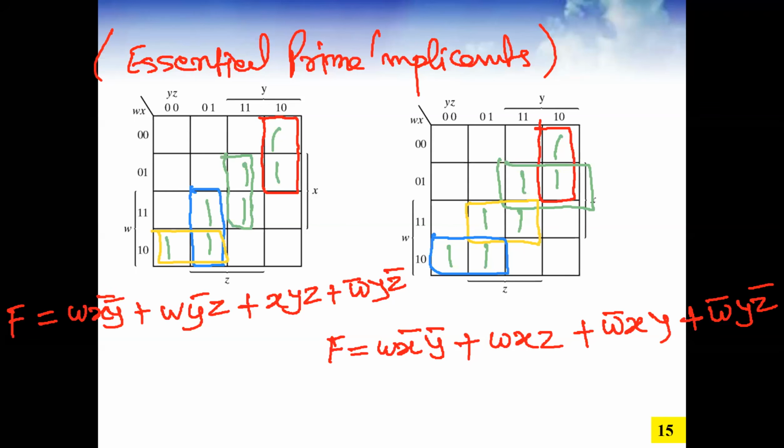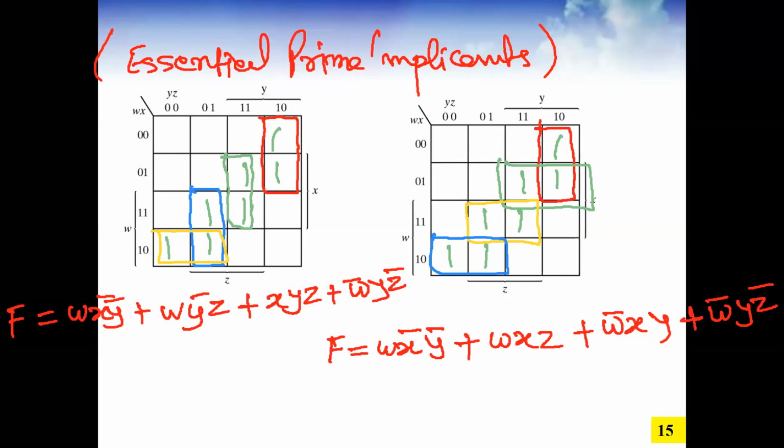If you look at the left side, we have 4 prime implicants. If you look at the right side, we have 4 prime implicants. Can you check the number of terms? Are they same or not? Yes, same in both solutions. So both solutions are accurate because both can be implemented using 4 AND gates plus 1 OR gate. I'm going to fulfill the simplification criteria.